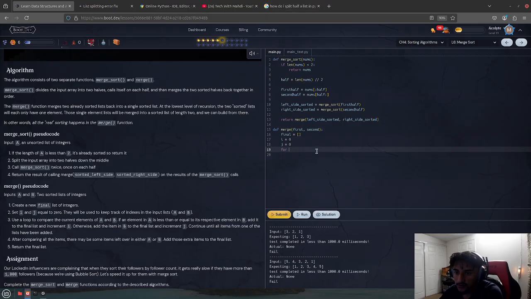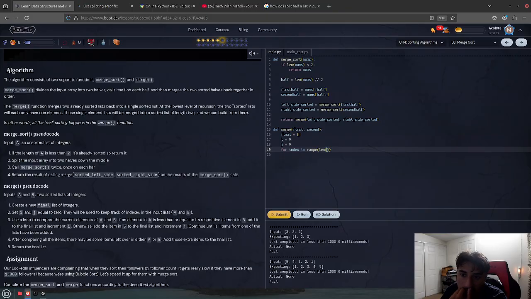So for, use a loop to compare the current elements of A and B. So for index in range len... Then we create a new final list of integers, right?